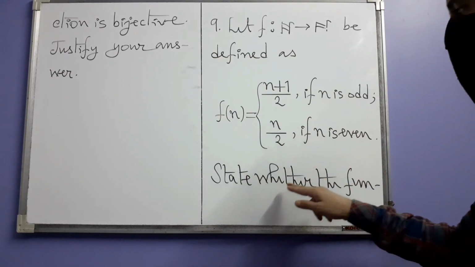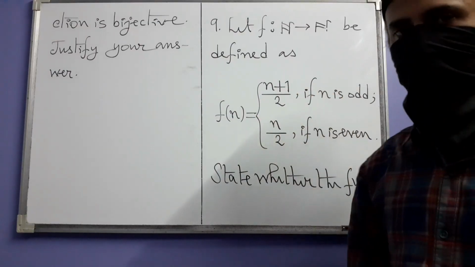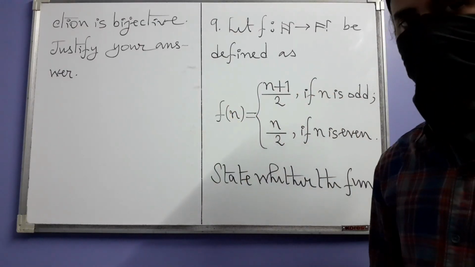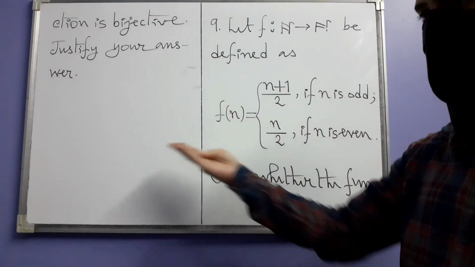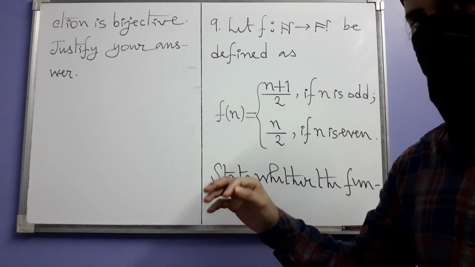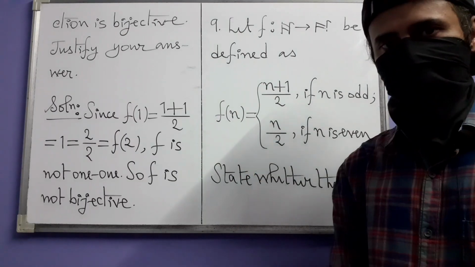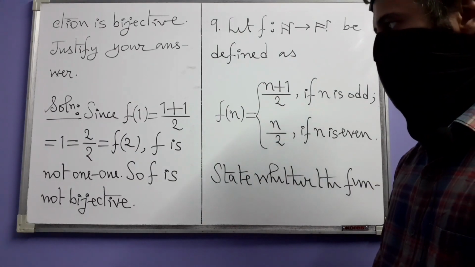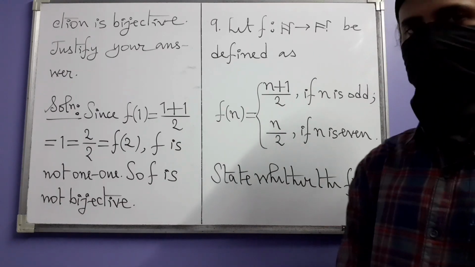Now we have to state whether the function is a bijective function, and we have to give justification for our answers. It's not that we just simply write it is bijective or not bijective and that's it. And the solution is quite easy and short because it is not bijective.